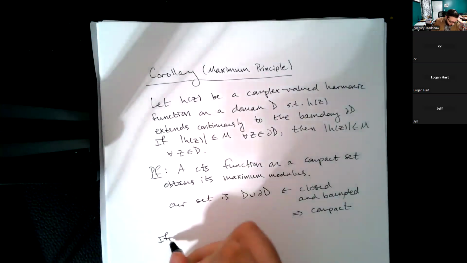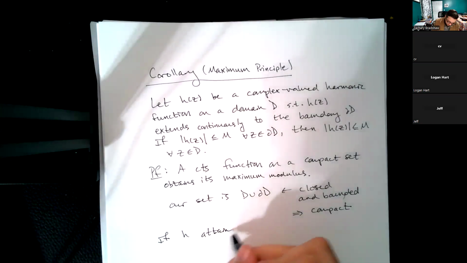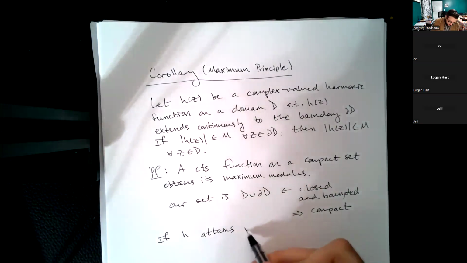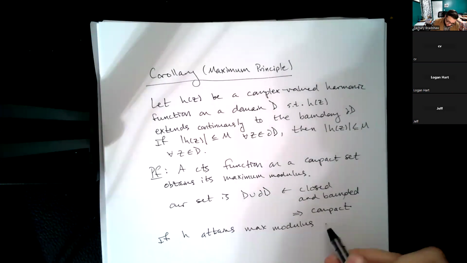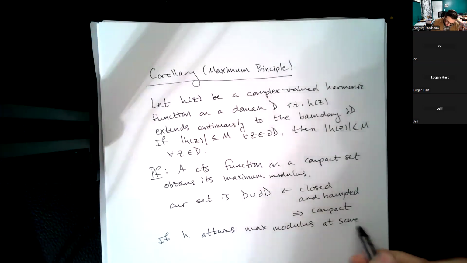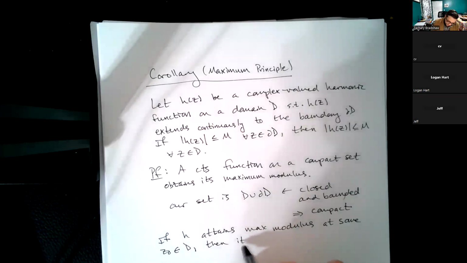If h attains its max modulus at some z0 in D, then it is constant.